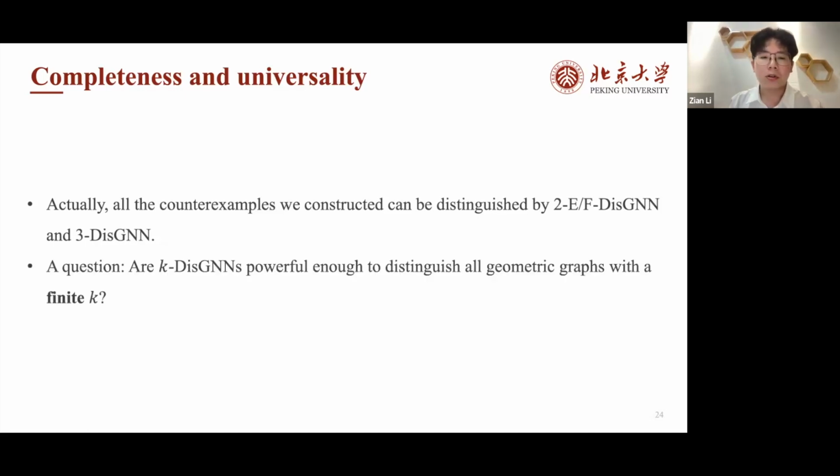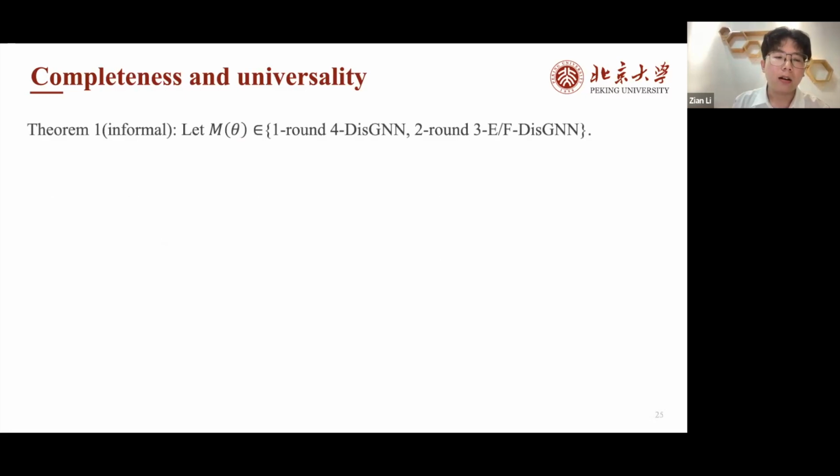So it's a natural question to ask, are k-DisGNNs powerful enough to distinguish all geometric graphs with a finite and small k? So in the following theorems, we will show they can, and they can do it with a very small k.